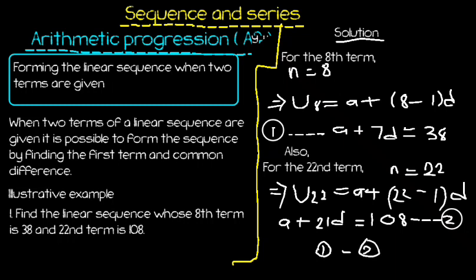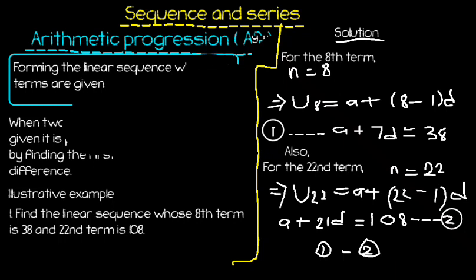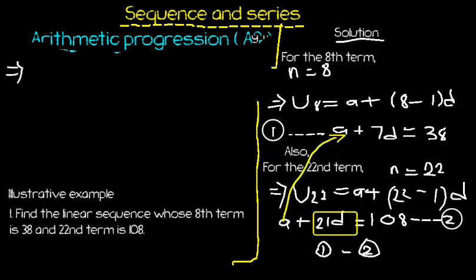So equation 1 minus equation 2. With this, we are using the elimination method to find our values for a and d. So note how I do it, so that you too can learn and use it on your own. a minus a, we are getting 0, so we don't write it.